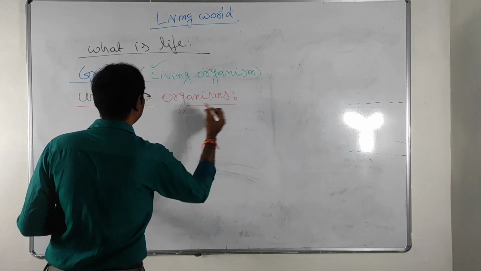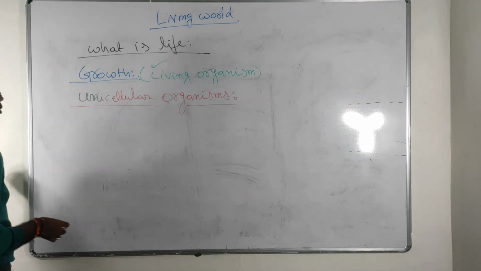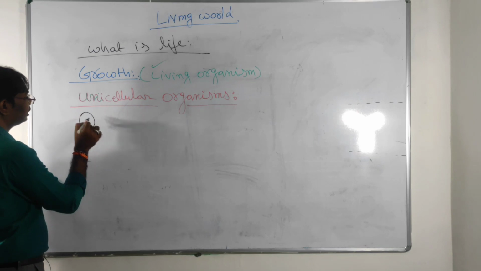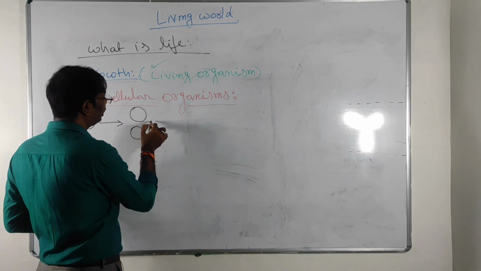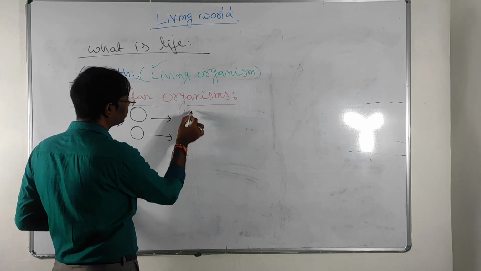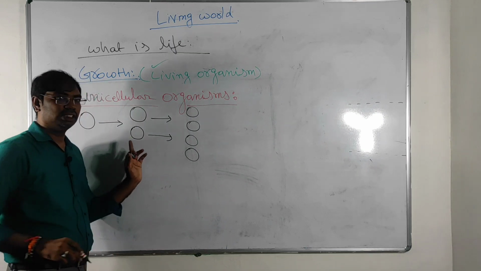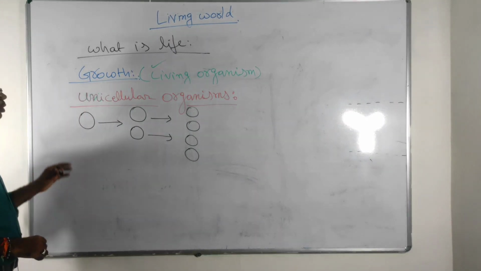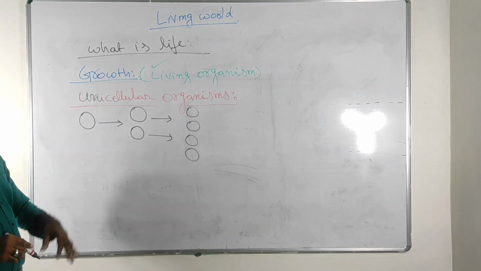So what kind of growth is present in unicellular organisms? So like this is the single cell, it will become 2 cells. The 2 cells again, it will become 4 cells. So the cell number is increased. So this is called growth. So only we will say this is the growth, or it may be reproduction also.